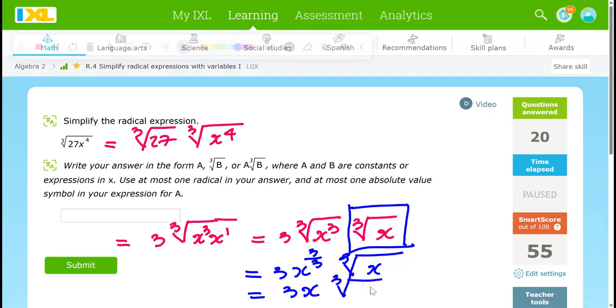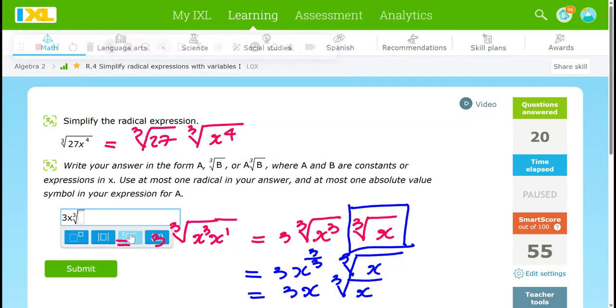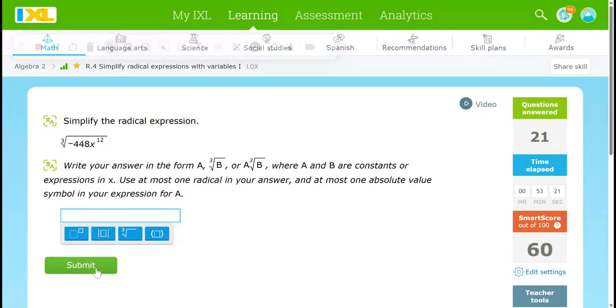That's it. So this is your answer. Voila. I go over here and put down 3x and then cube root of x. This is the final answer. Submit. I should be correct.